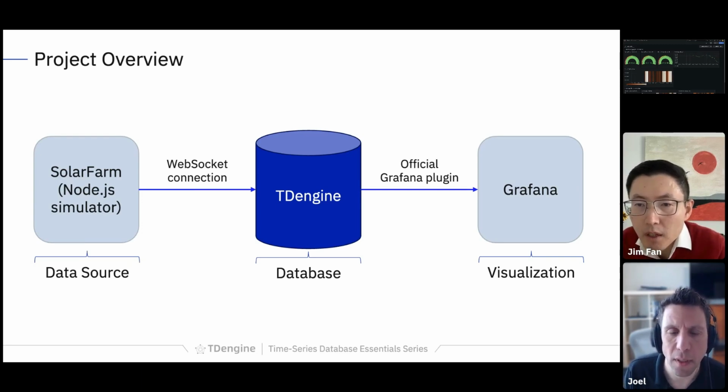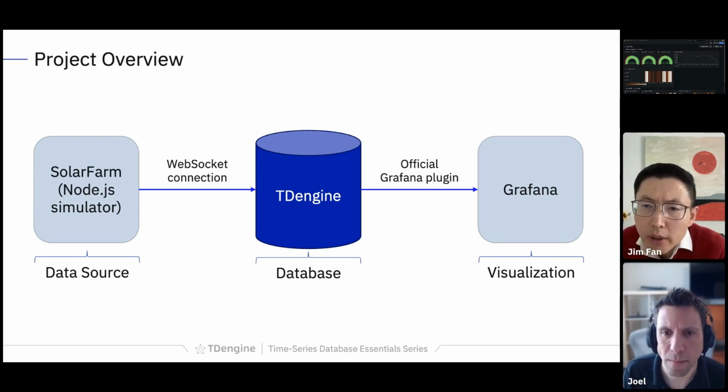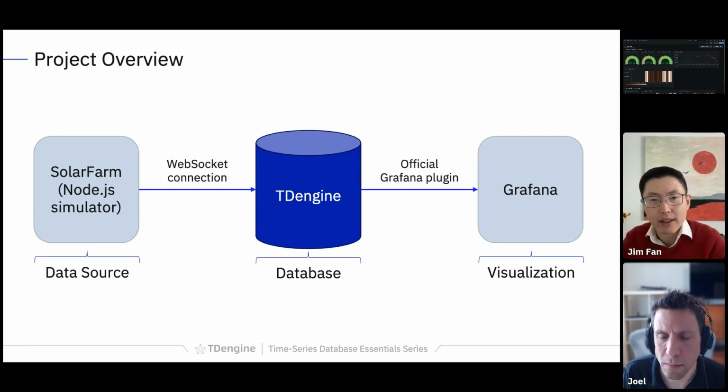I see. Another question is, I would want to display aggregated KPIs, for example, daily totals of the energy production. What would be the best approach for calculating these, inside TD Engine or by aggregating data in a SQL query? That's a good question.